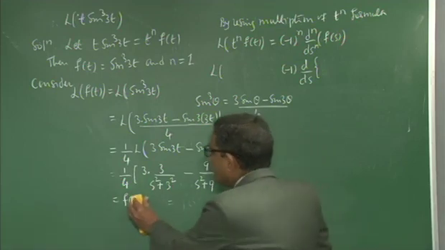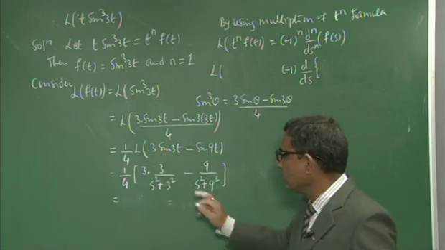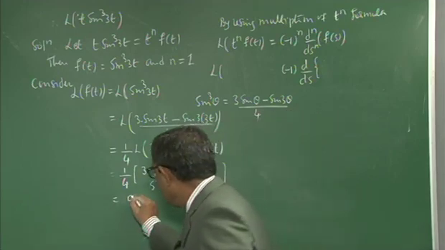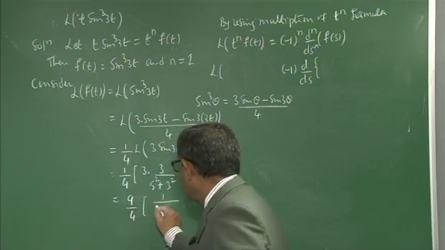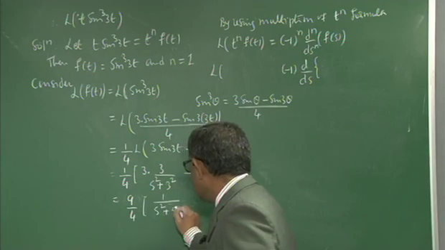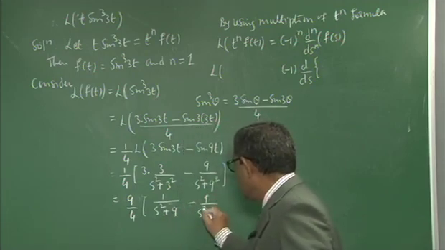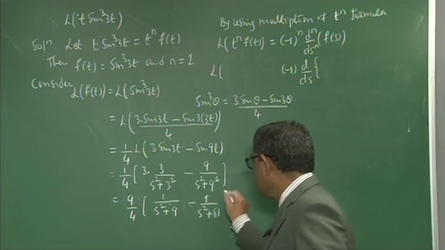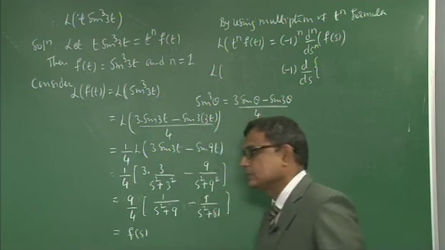Or you can write this 3 into 3 as 9, this is also 9, 9 you can take outside, it becomes 9 by 4, 1 divided by s square plus 9 minus 1 divided by s square plus 81. Now this is your f of s.